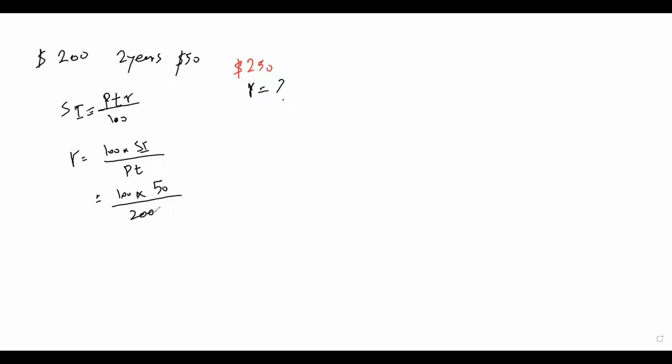Principal is 200 and time is 2 years. So you would get 12.5. So that's the rate, the annual rate in percentage, of course.